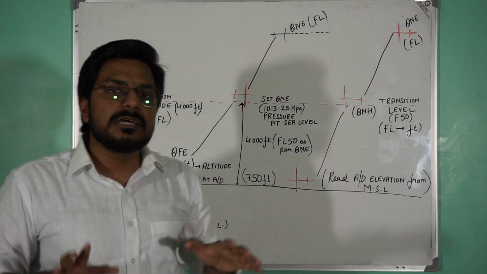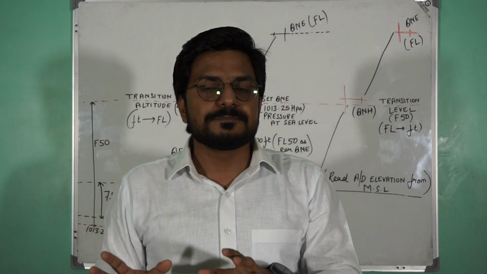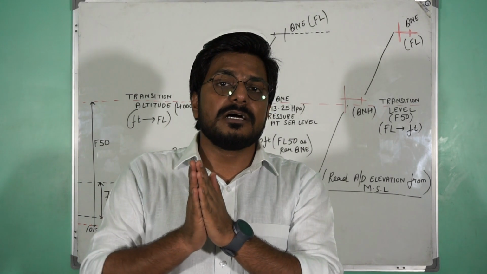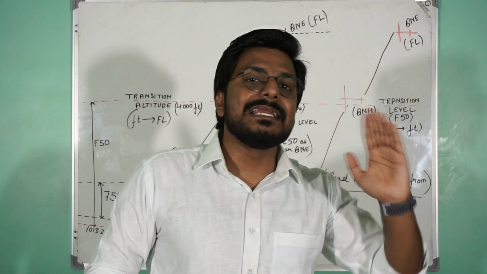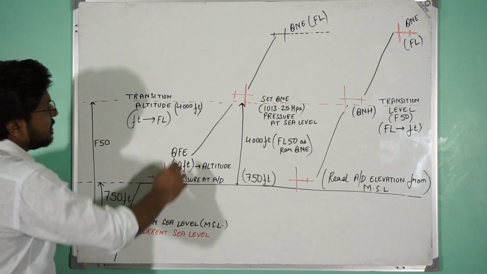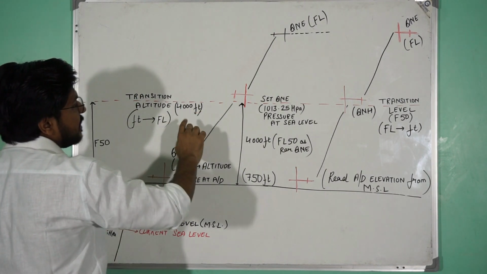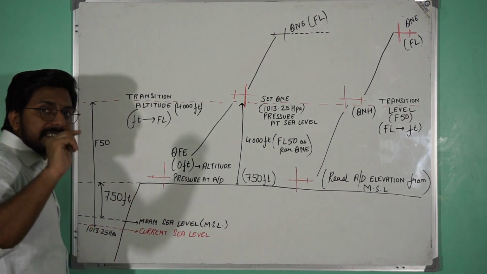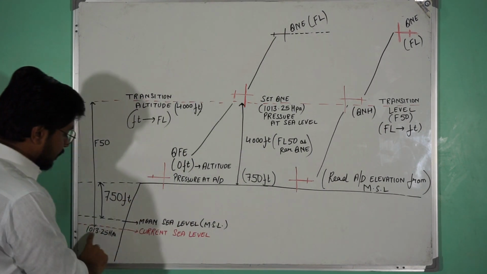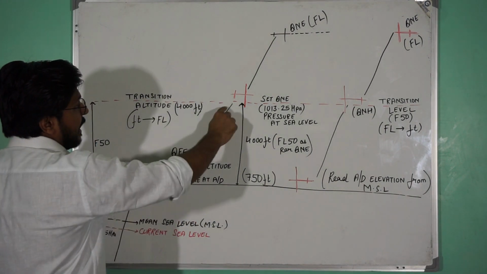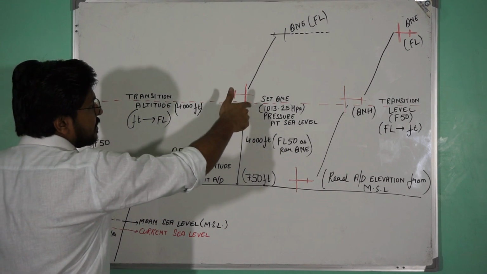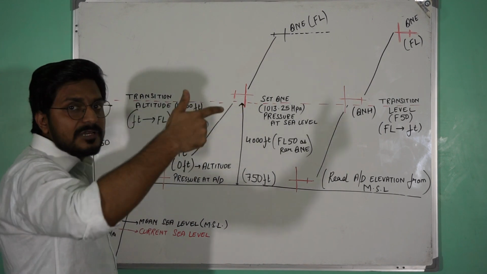This is the altitude at which you have to switch over from your QFE settings to QNE settings. As I am climbing, if I reach 4000 feet, I have to change over to the standard pressure datum, that is 1013.25. So I will change from QFE to QNE.